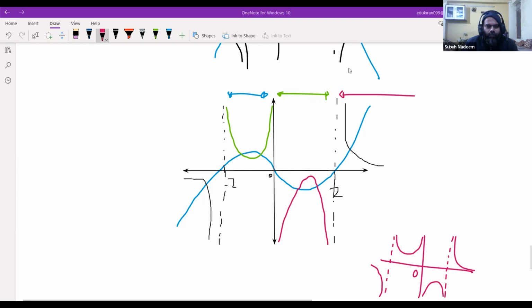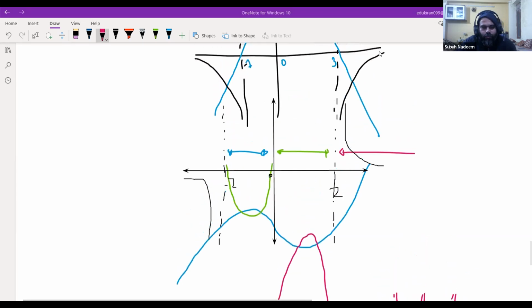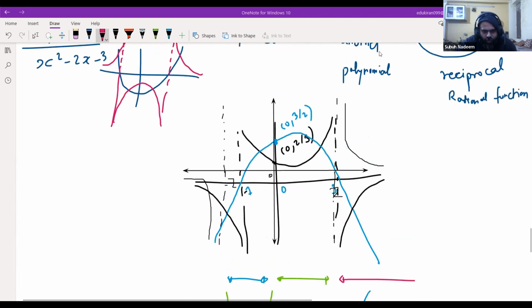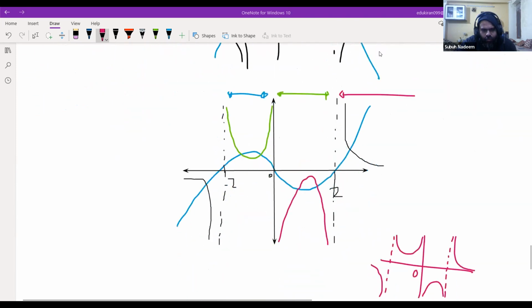So can you scroll up? You have to erase this also, otherwise this drawing will keep counting. I'll draw the drawing first.